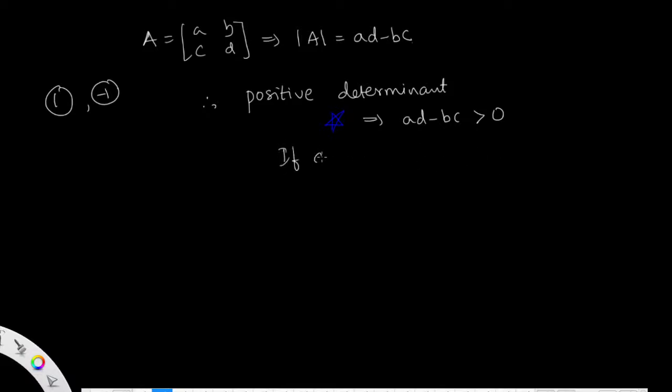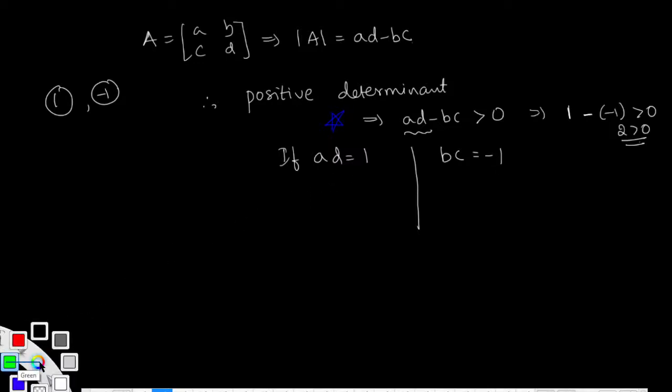If AD is 1 and BC is minus 1, then 1 minus of minus 1 becomes 2, which is greater than 0. So AD must be 1 and BC must be minus 1. We have to write separate cases.